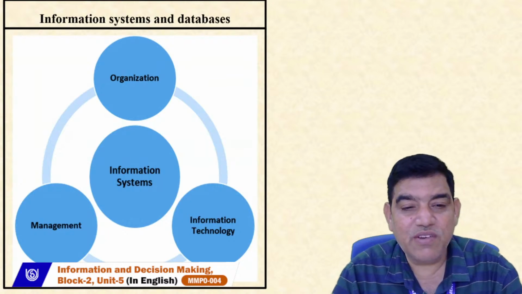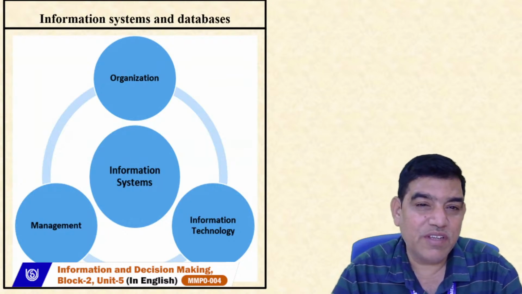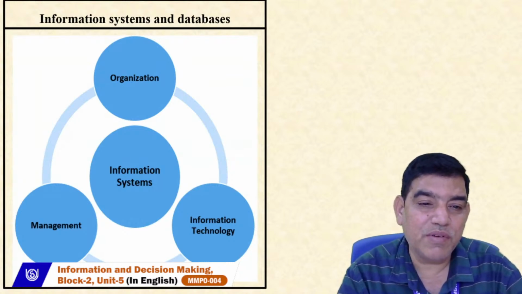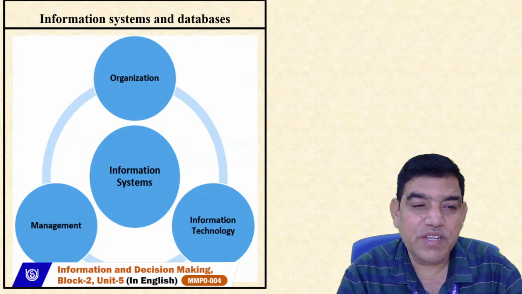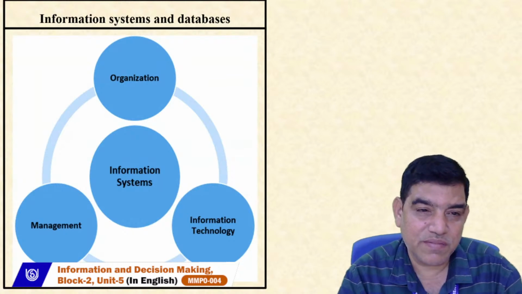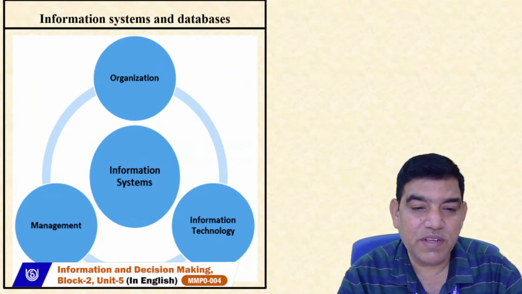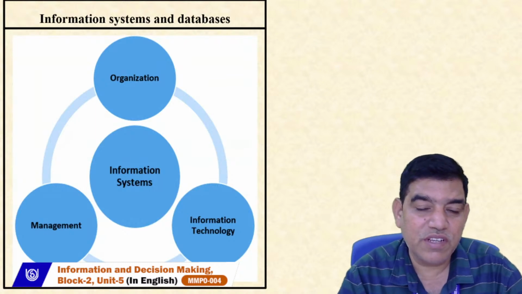And information technology means the computer system. An integrated computer system means the input unit, output unit, and the central processing unit are all integrated, which helps the decision making process. That is the meaning of information technology here.